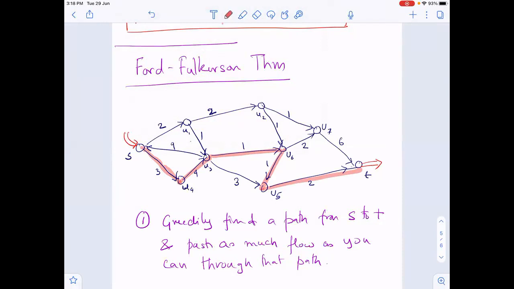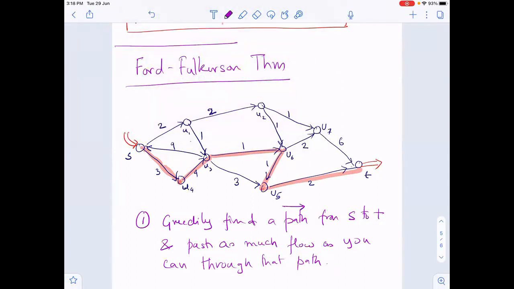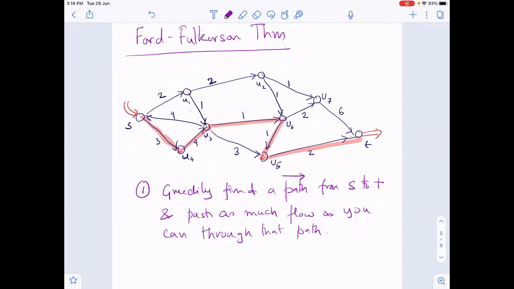By this I meant that find a directed path from S to T. And from this path, how much can be sent? Since the minimum capacity on this path is 1, let's start with pushing. So I can send 1 unit on each of these edges. So it basically says that I have managed to find a path from S to T and have sent 1 unit of flow along this path.